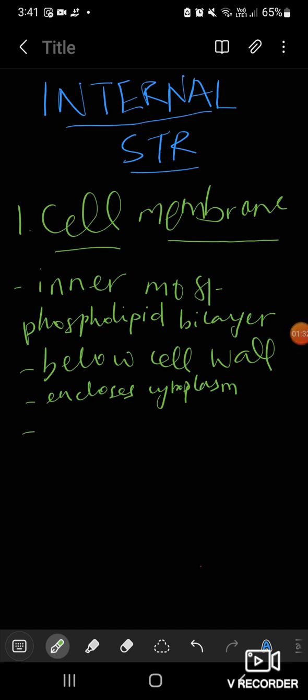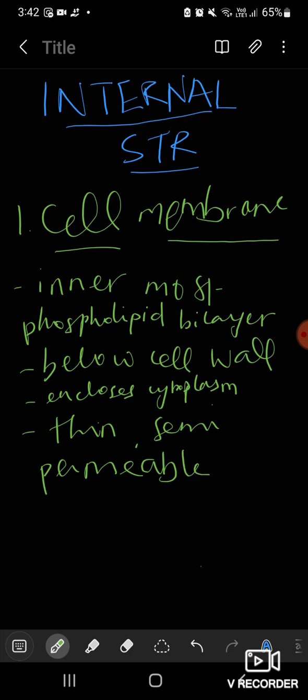They are generally very thin. The layer is very thin and semi-permeable. What do you understand from the term semi-permeable?